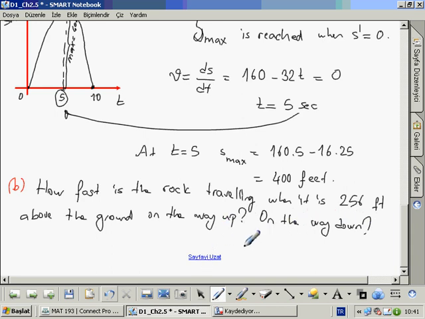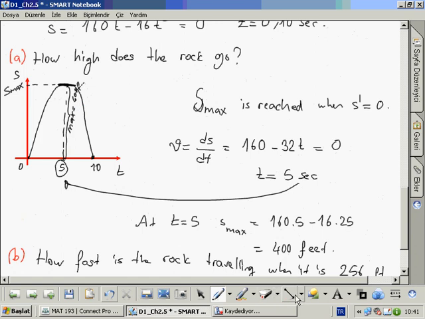This point may be t1 and this point may be t2, and we know that here is 256 feet.